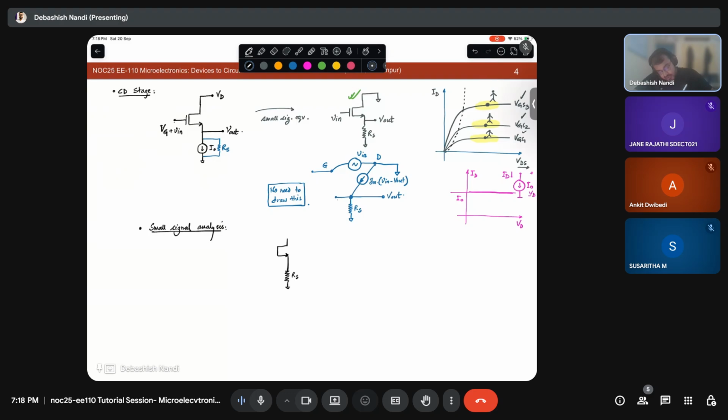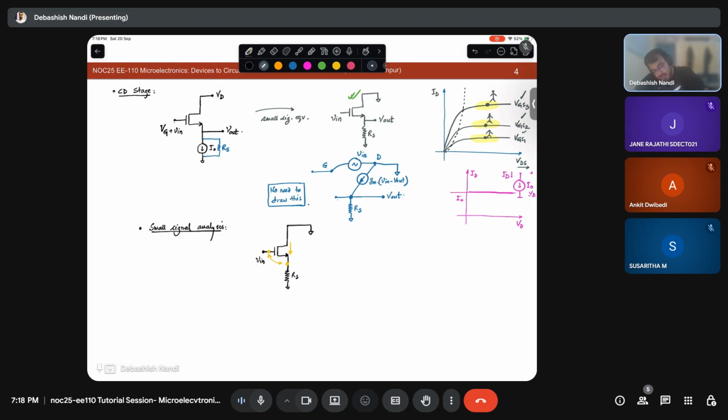That means current sources become open and voltage sources become short. So this becomes this. Okay. So this is my small signal equivalent of the circuit. Now what I understand is that these are the two nodes, and whatever the voltage difference between these two nodes is, Gm times that current will be flowing through this transistor, in the direction for NMOS from D to S, or drain to source.